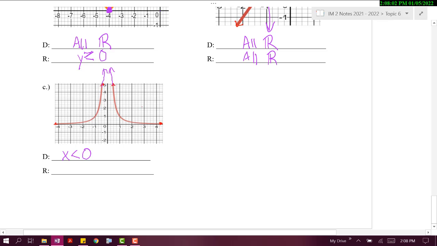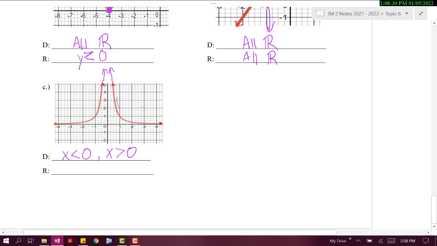And it's not less than or equal to, because we can't get to 0, it just gets real close and keeps getting closer and closer. But at the same time, we have the right side, and it's the same thing. However, x is now greater than 0 because all our values for x are to the right of that 0.